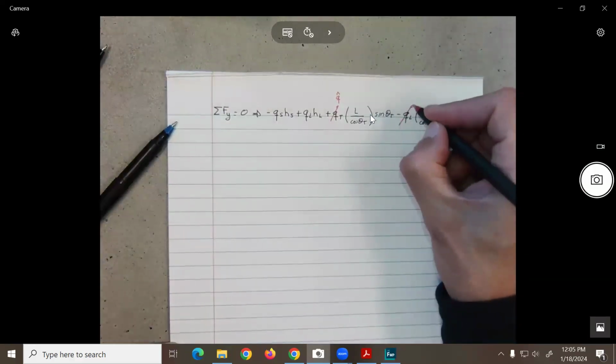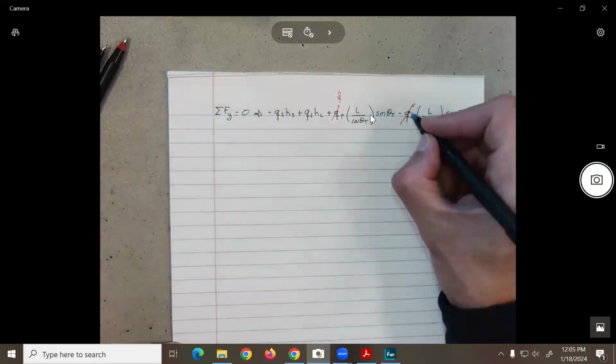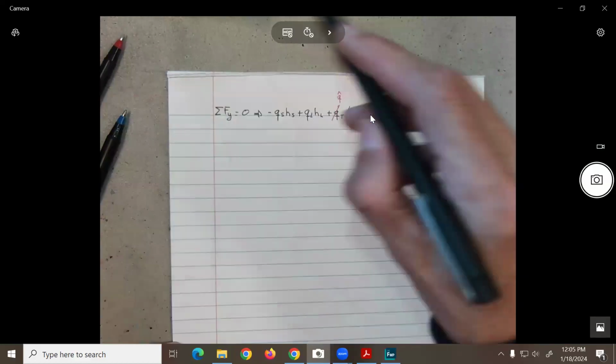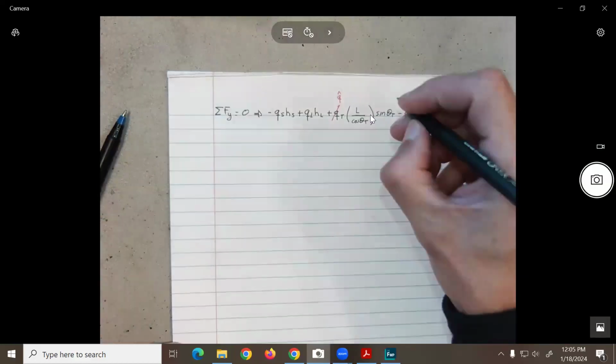And again, sorry, this should not be Q hat, this should be Q bottom. And this is Q hat.